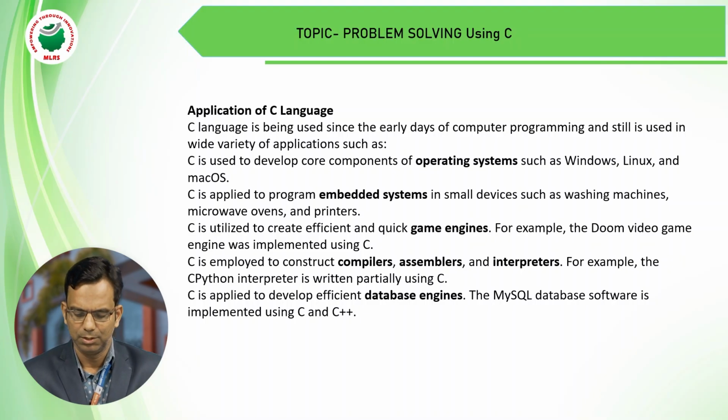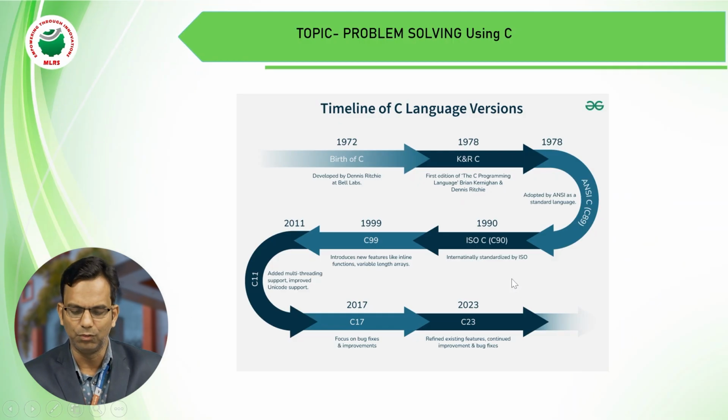So C helps. Here I gave the example: C is applied for development of database engines. C is used for compiling, assembling, and interpretation, and it helps with game engines and any other operations. C will be helpful.